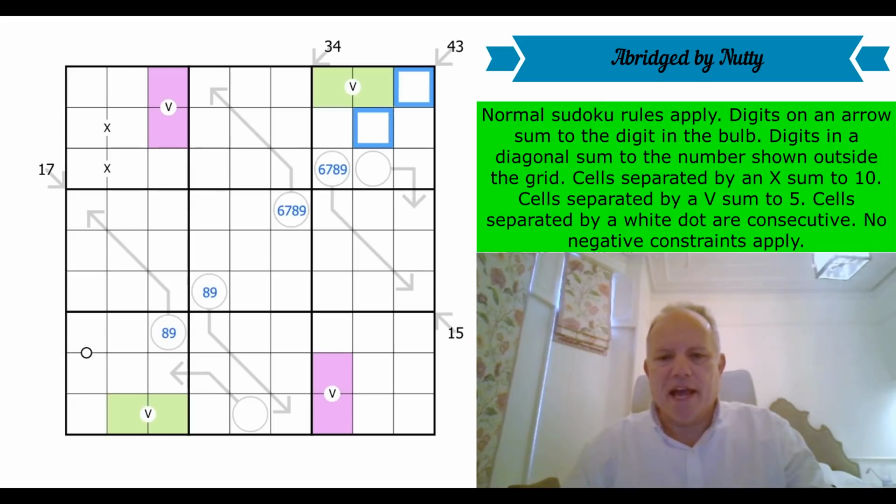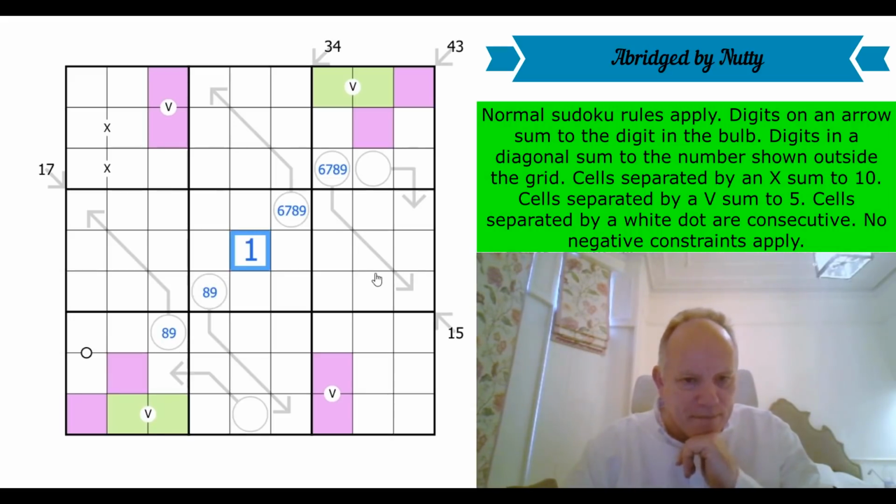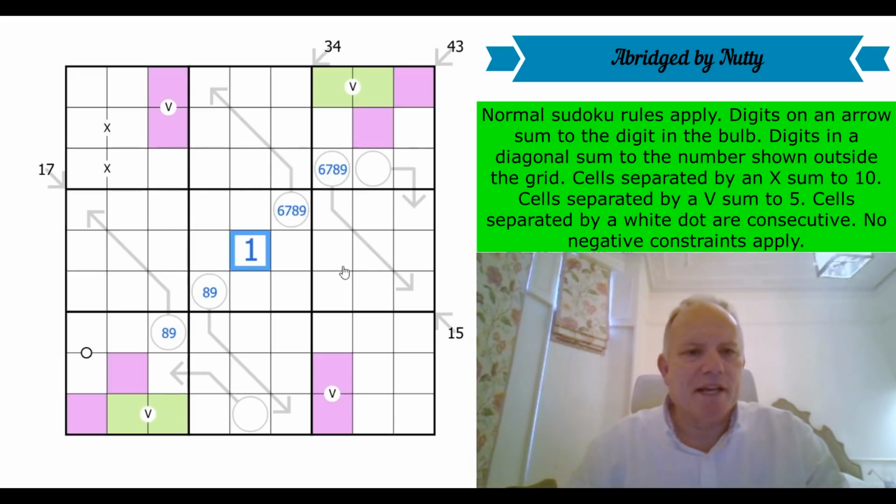So the minimum there is the purple digits. The minimum here is the purple digits as well. And the minimum of those 4 cells is 5 plus 5 is 10. This cell is both a minimum 1 and a maximum of 1. So that's our first digit in the grid. That is really, really clever, as long as we can carry it forward into something meaningful. That's absolutely fascinating. What a lovely break-in.